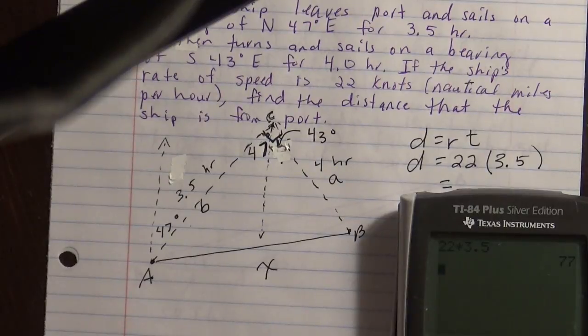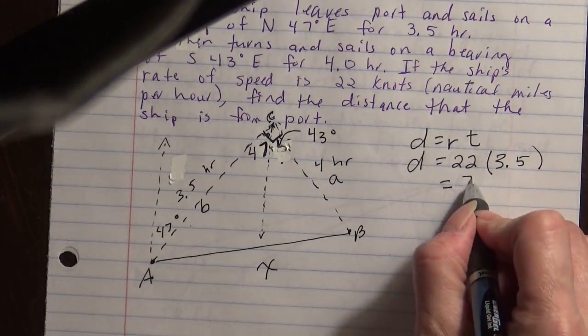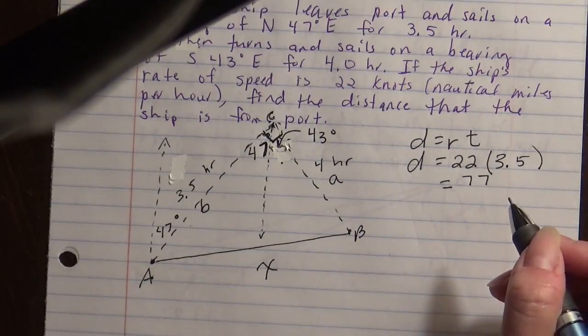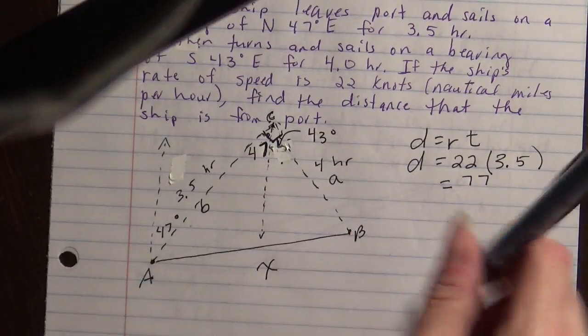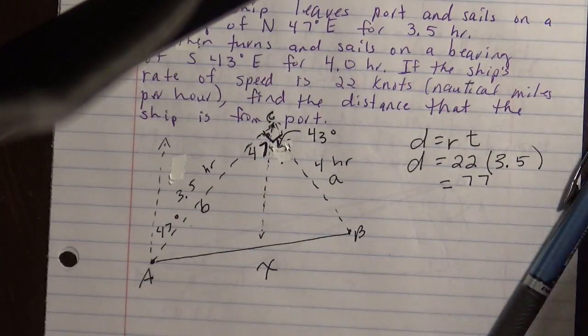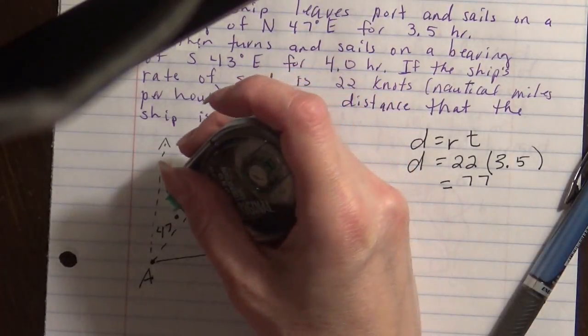That's giving me 77. So my distance is 77 miles this way. So I'm going to replace that 3.5 hours with the 77 miles, as that's the actual distance.